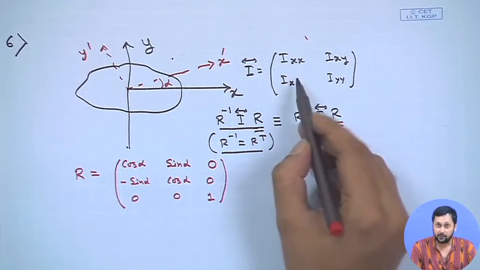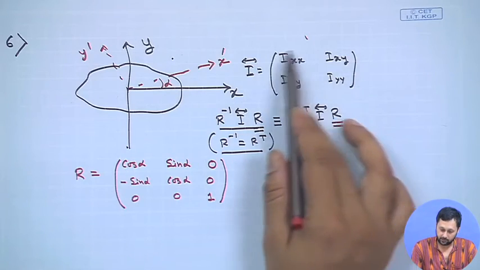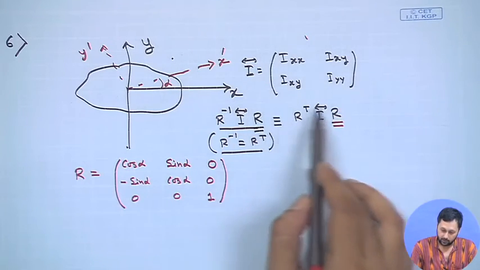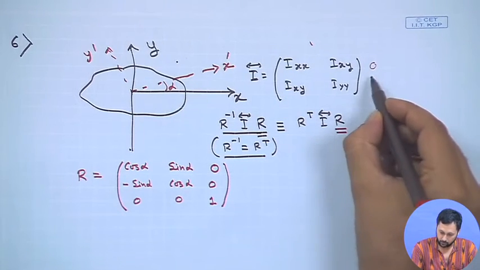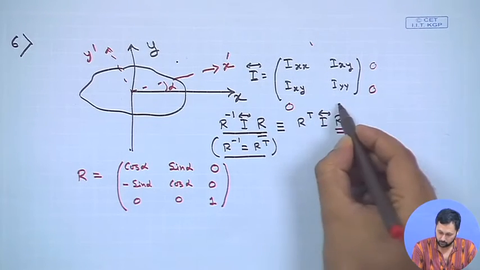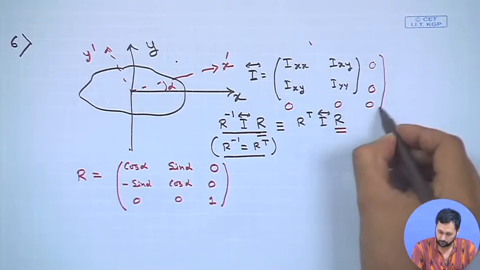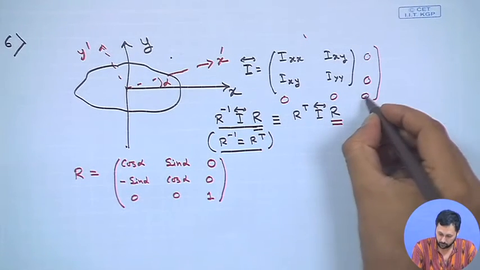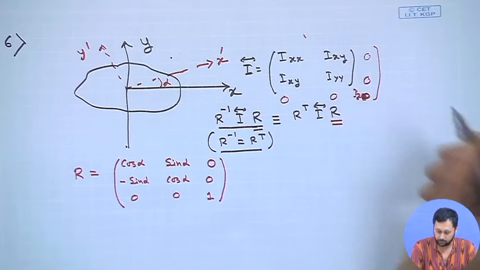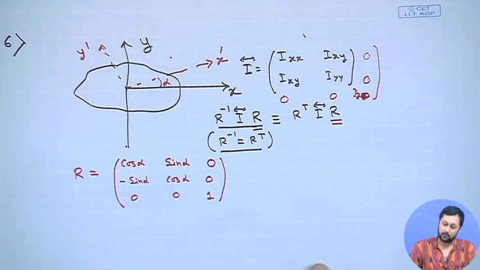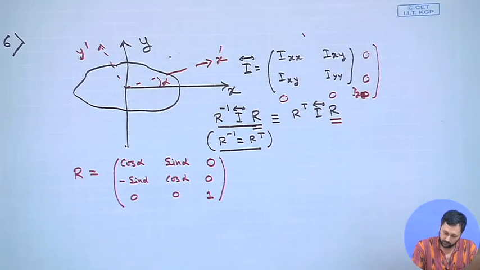Similarly, please keep in mind that for this moment of inertia tensor, we are just using a subset of the full tensor. There is a term here, not 0, it will be an I zz term, right. So we are just using the small subset.